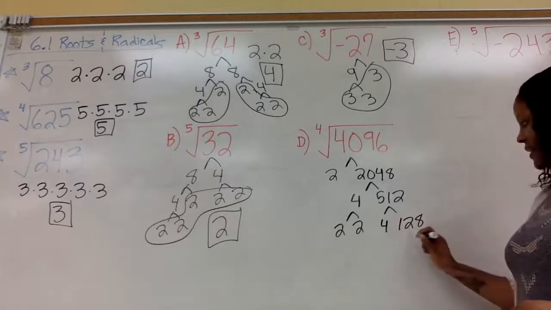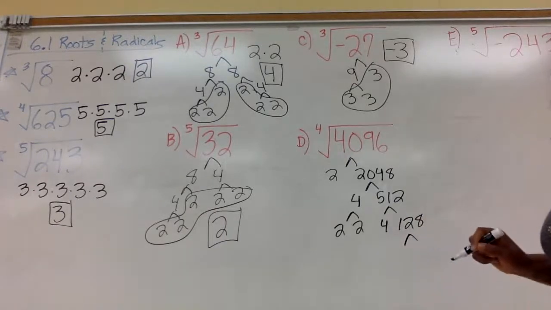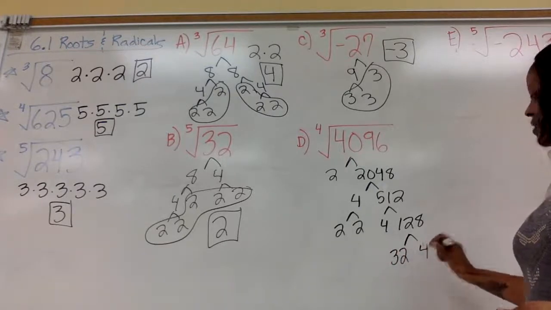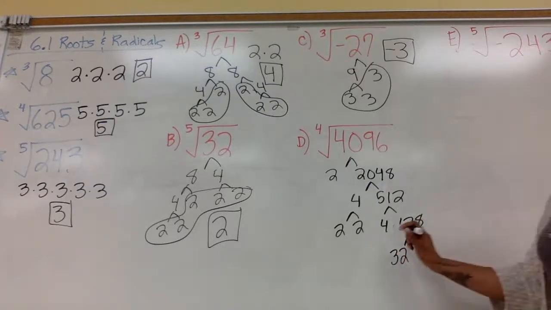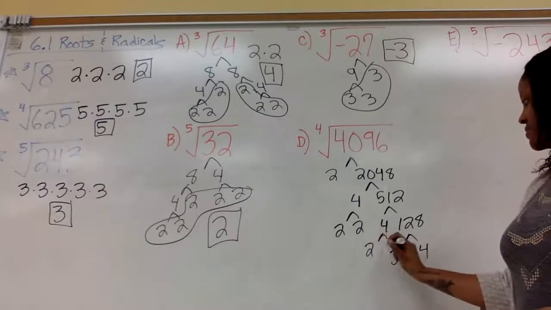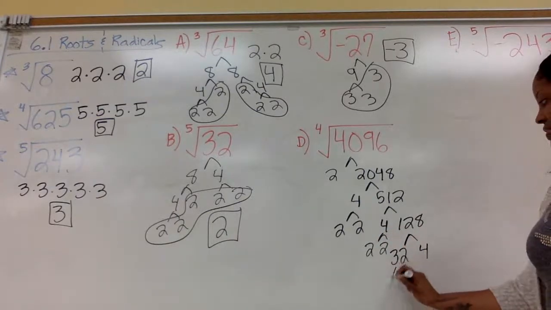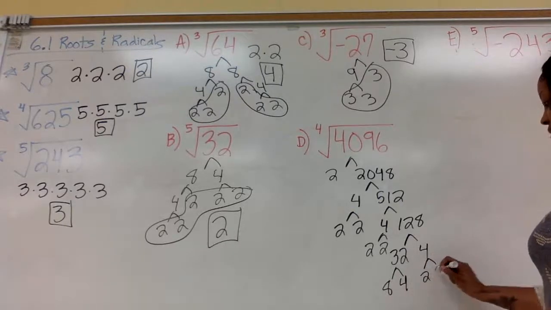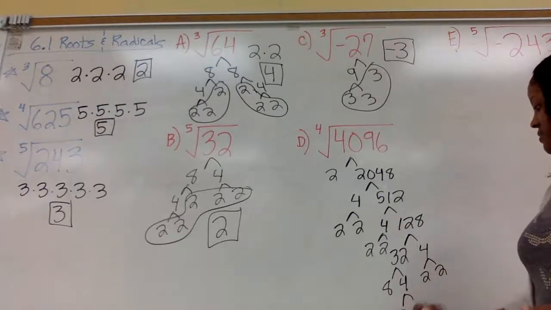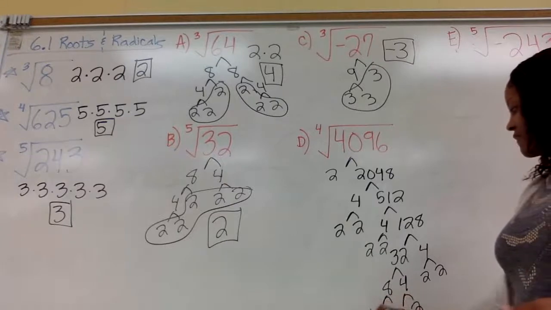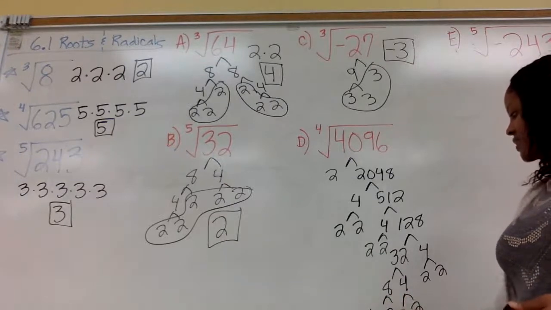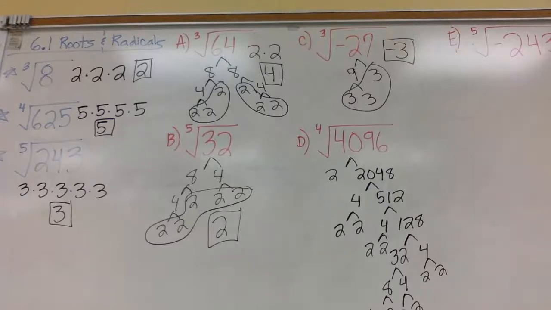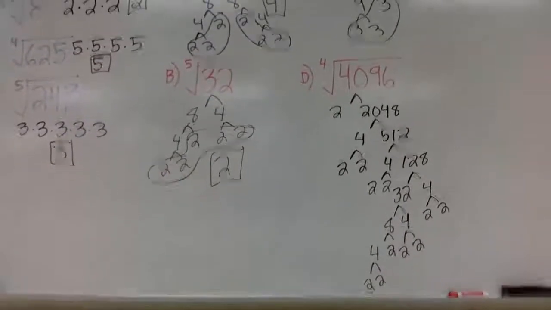So it's a really big number. We got to keep right on going. Break 128 down into 32 and 4. Break this 4 down into 2 and 2. Break 32 down into 8 and 4, 2 and 2, 2 and 2, 4 and 2, 2 and 2. And let me adjust this so you can see my factor tree there.